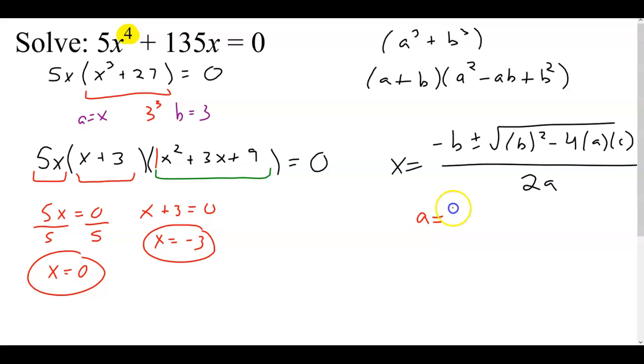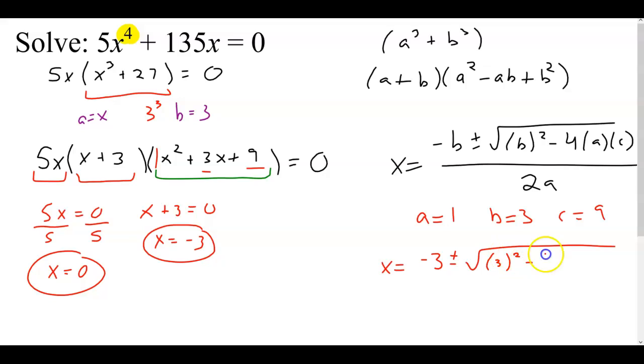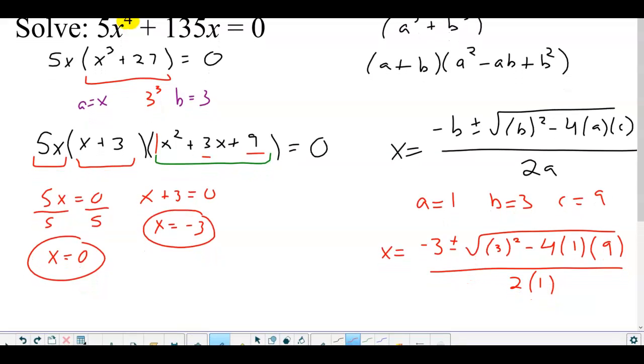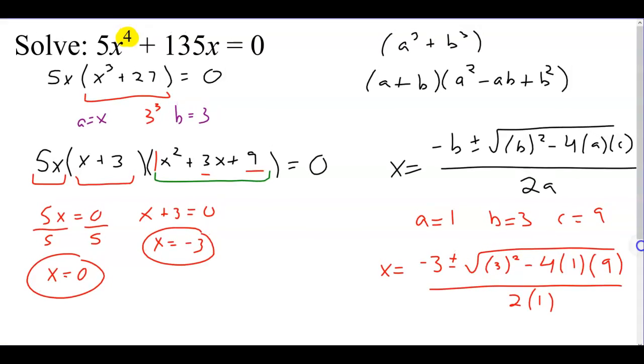So a equals 1. b is 3 and c is 9. So if you plug these into the formula, we get x equals negative 3 plus or minus the square root of b squared minus 4 times a times c all over 2 times a.